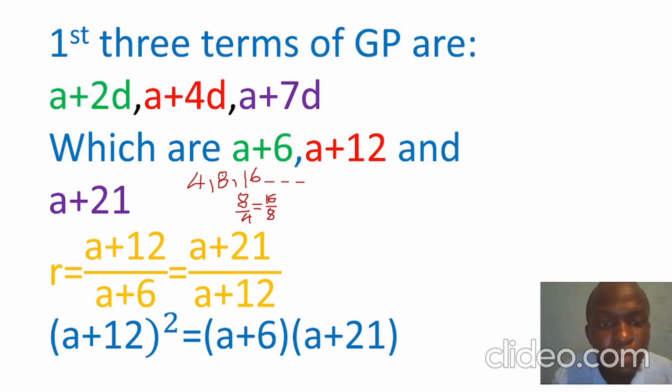In other words, we are taking the number that comes after divided by the number that is just before. 8 over 4 is equal to 16 over 8, and that is equal to 2. Now, that is the same analogy we are going to apply here.